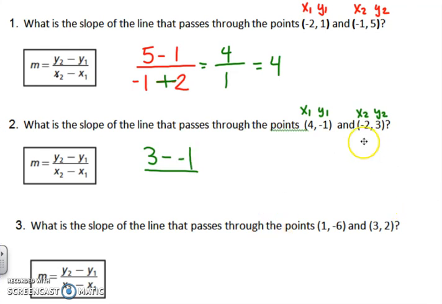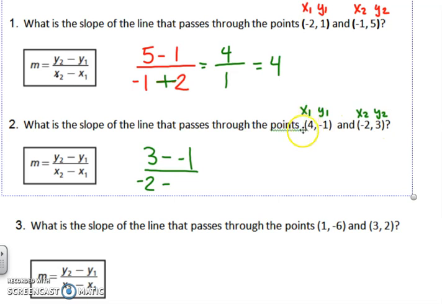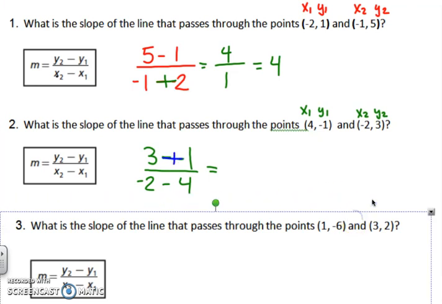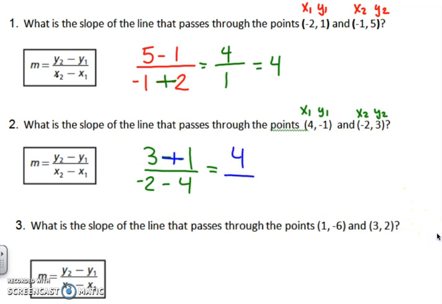And then I would do x2, which is -2. Your minus sign is always there. And then your x1 is 4. Okay? If you have two negatives, remember that becomes a plus. So that problem is now 3 plus 1, which is 4, over -2 minus 4, which is -6.